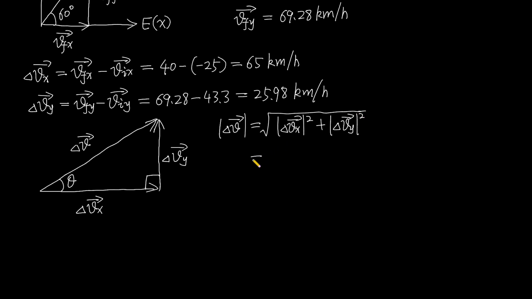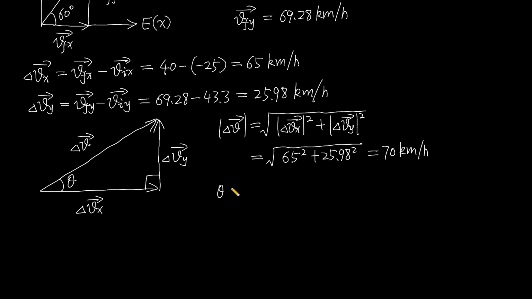Now this equals square root 65 squared plus 25.98 squared, and this equals 70 kilometers per hour.